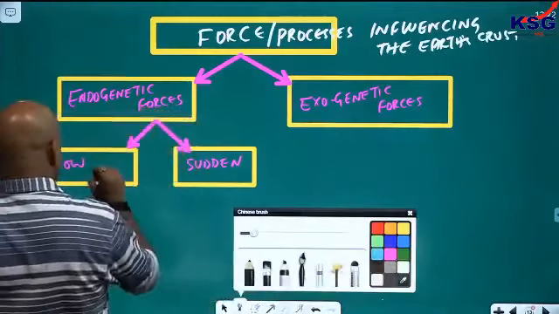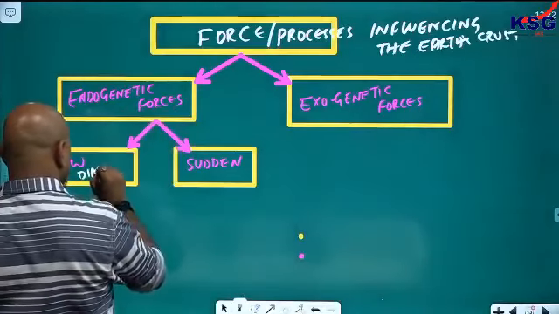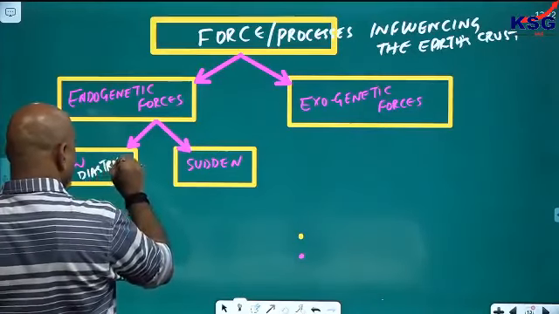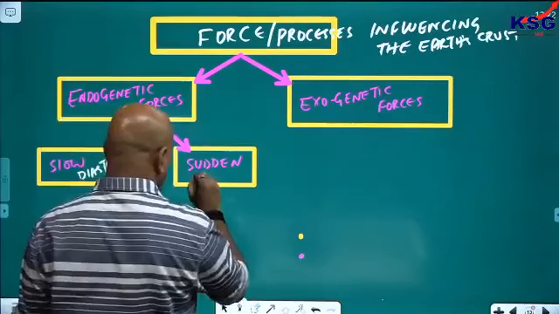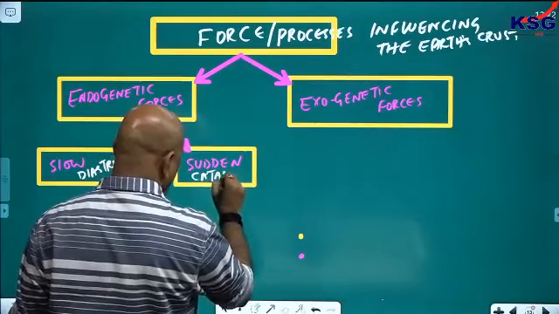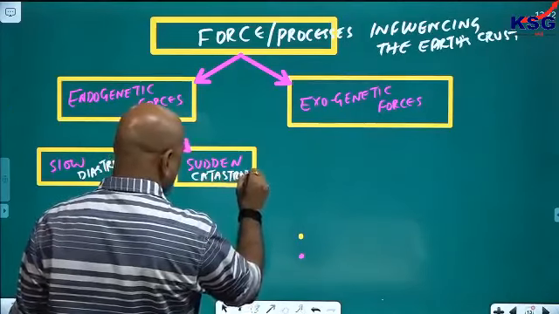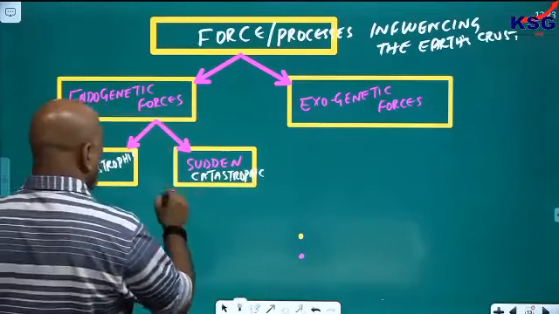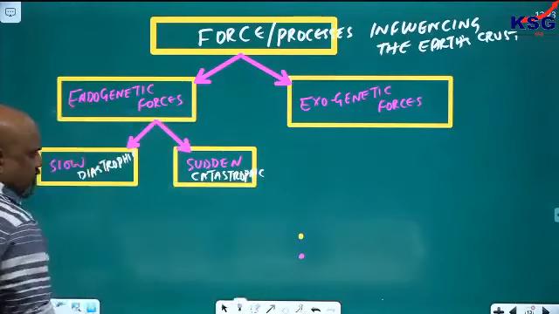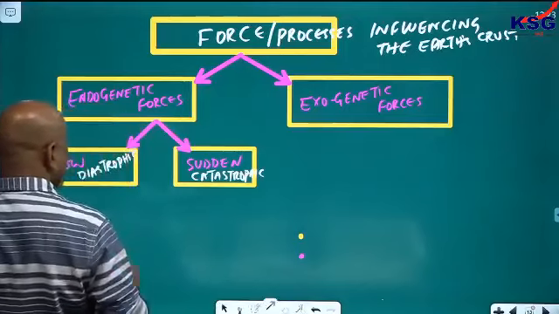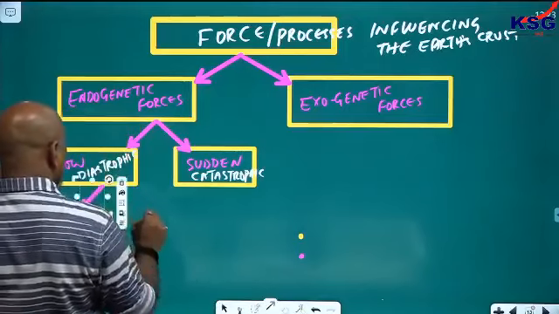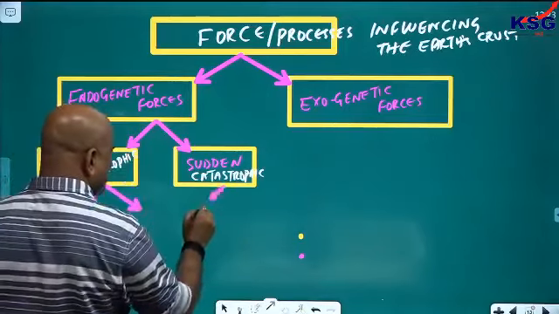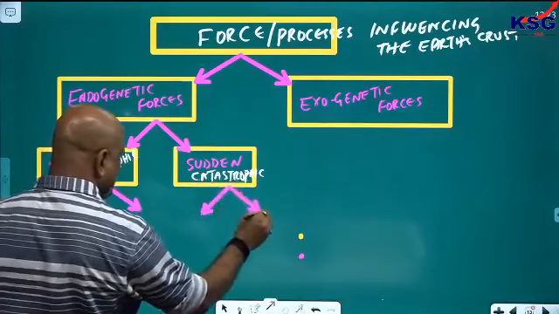Slow or diastrophic force, sudden or catastrophic. Diastrophic or catastrophic, two types of forces you have. This diastrophic force is also of two types.